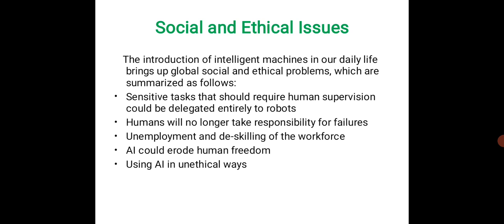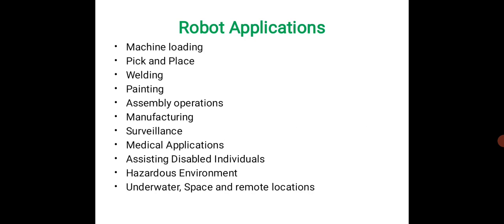Obviously this will reduce employment and de-skill the workforce. Nowadays artificial intelligence has entered and is dominating the robotic world, where it could erode human freedom. So there are chances of using AI in unethical ways.